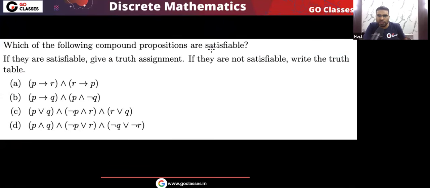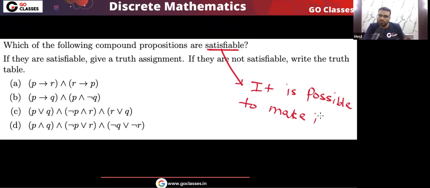First of all, let me tell you the definition of satisfiable. Satisfiable means it is possible to make it true. Yes or no? There is a possibility that you can make it true.